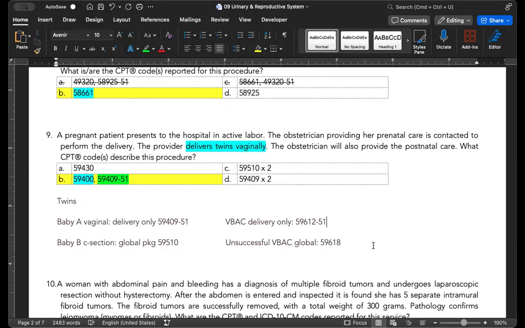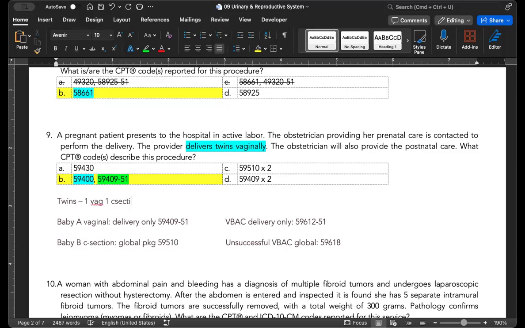Sorry, really quick. You said baby A is 51, right? You add the 51. Yep. For the answer B, is baby A the 409? Yeah, for this one, because they were both vaginal. So this is twins that are both vaginal, not one vaginal, one C-section.